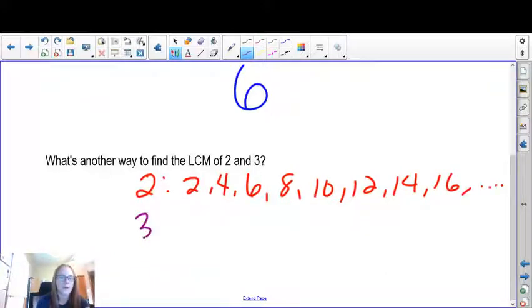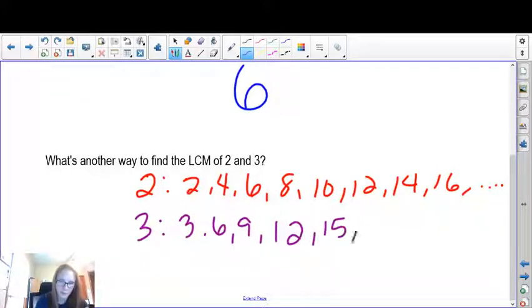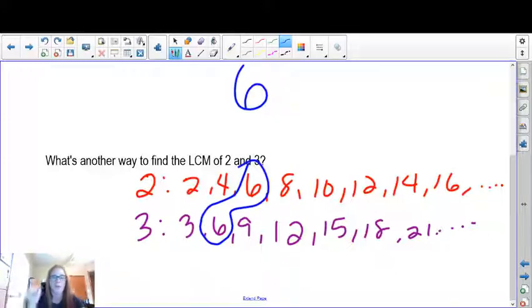And then 3, 6, 9, 12, 15, 18, 21, so on and so forth. And I could have identified, okay, what number do they have in common? They both have a 6. You always have to draw a number line? Nope. Is that one way to do it? Yep. Will I be upset if you do it that way? Nope. It's just the way you like to see it.